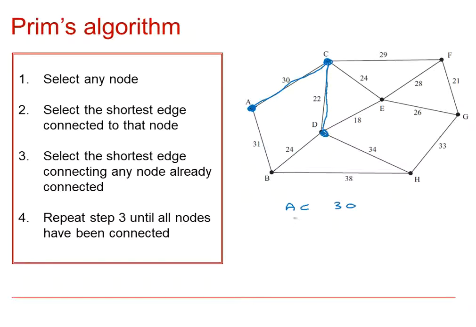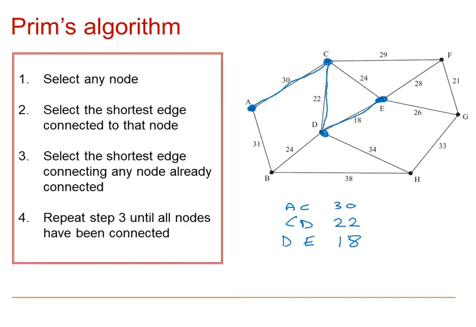So that's CD at 22. The shortest edge I can connect to A or C or D: well, there's a 24, there's an 18 and a 24. The shortest one is going to be that 18. So that's D, E, at 18.